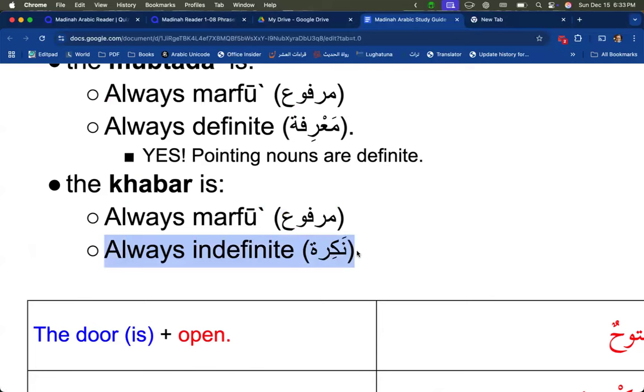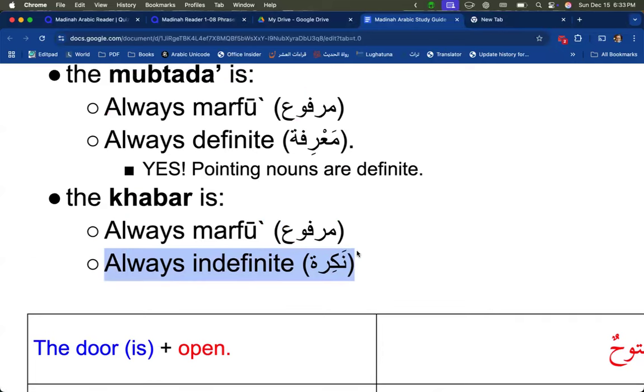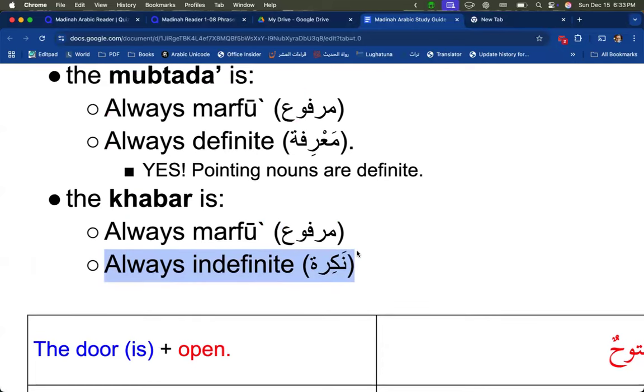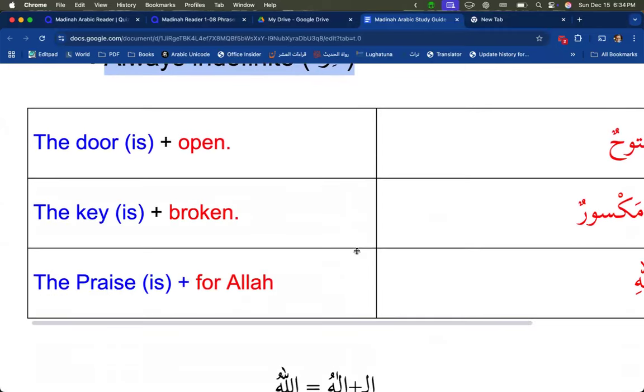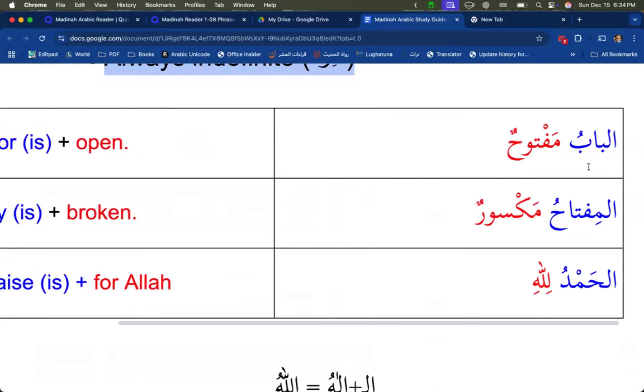Marfu with the un at the end or dhamma at the end. Yes. Yep. So al-babu. I didn't say babun maftuhun. I said al-babu, the door, maftuh, open. The door is open. So that's what makes it.